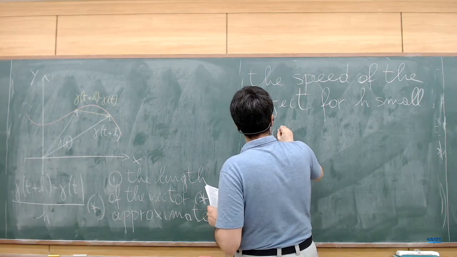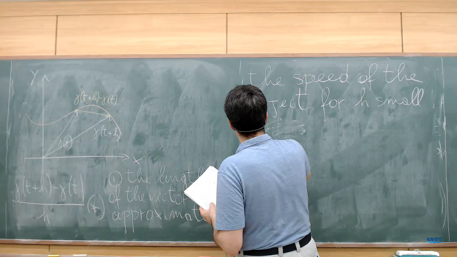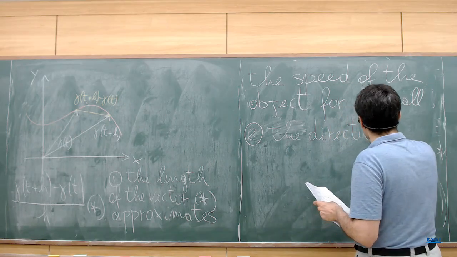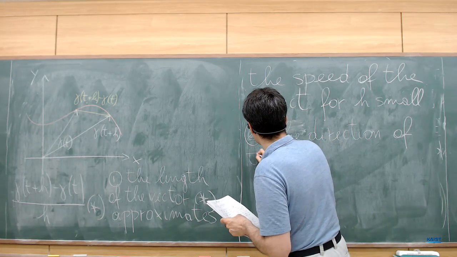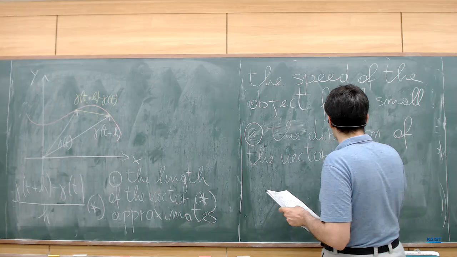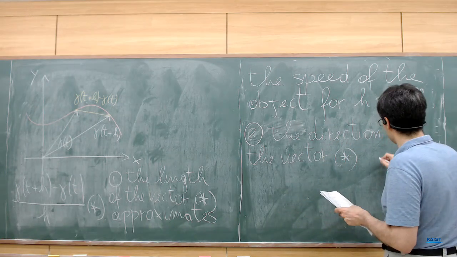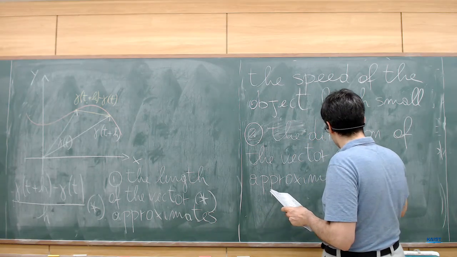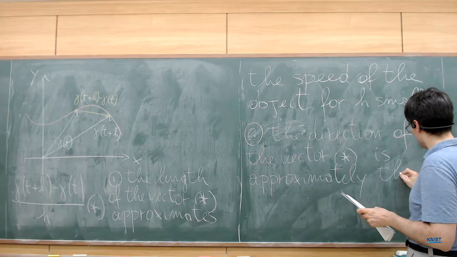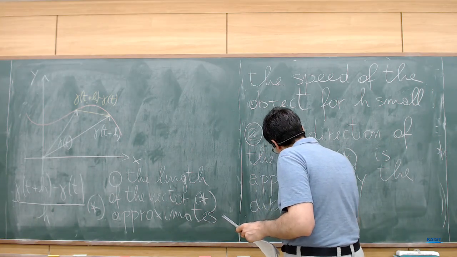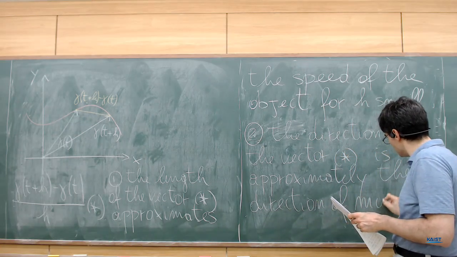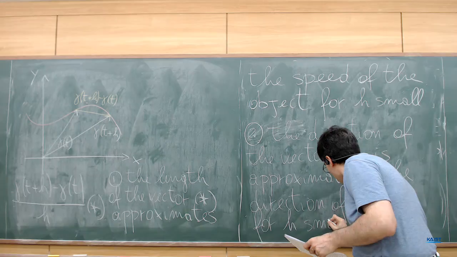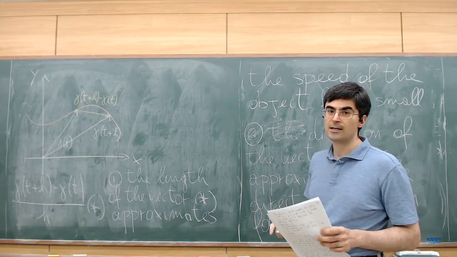And we have also a second property: the direction of the vector star is approximately the direction of motion for h small. So what happens if h tends to 0?